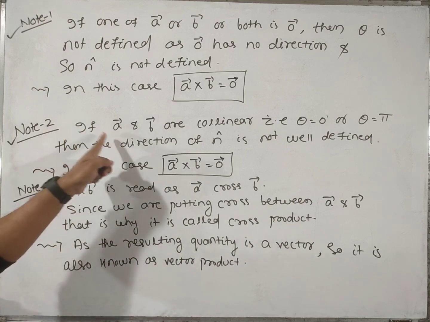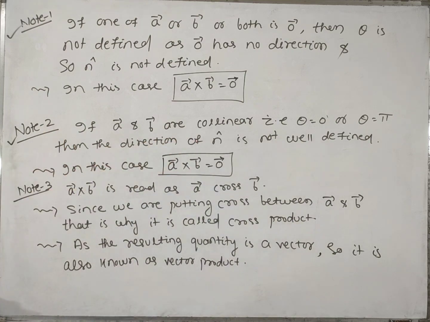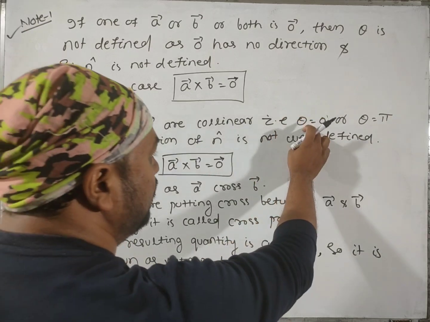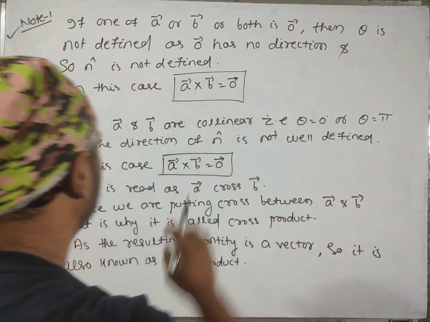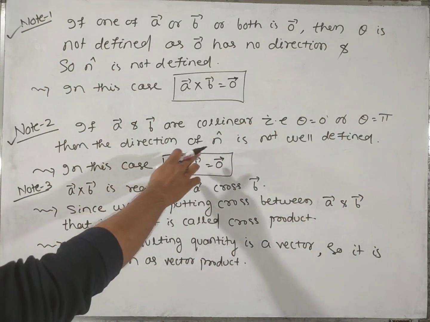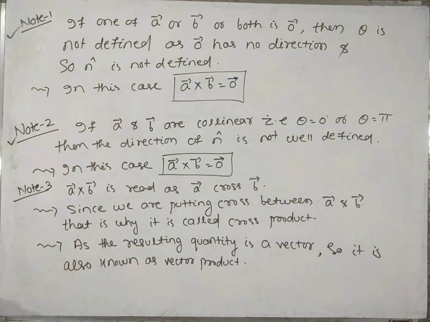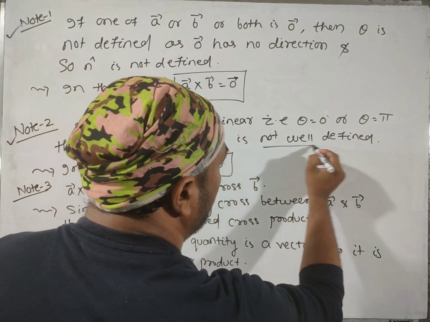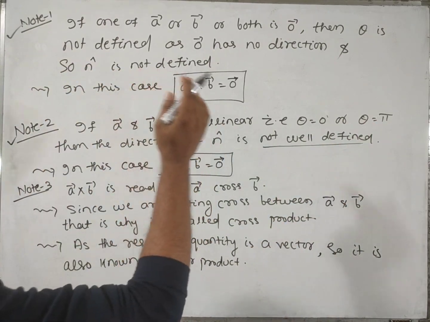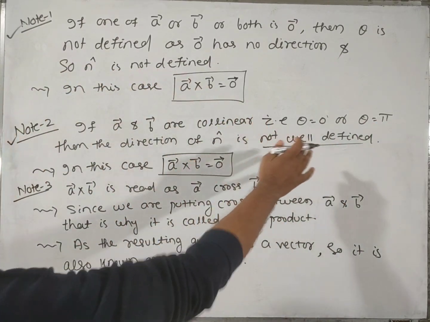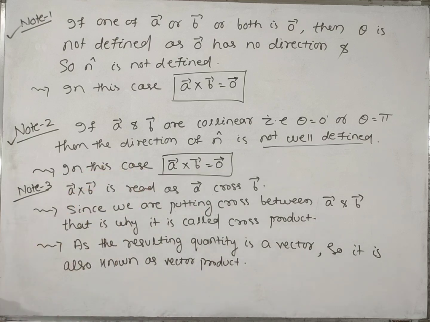In the second note, if A vector and B vector are collinear, there are two cases. Theta is either 0 or pi, so the direction of n cap is not well defined, since it will be either 0 or pi. Since the direction is not well defined, in this case also A vector cross B vector is equal to the zero vector. Then let us go through notes number 4 and 5.